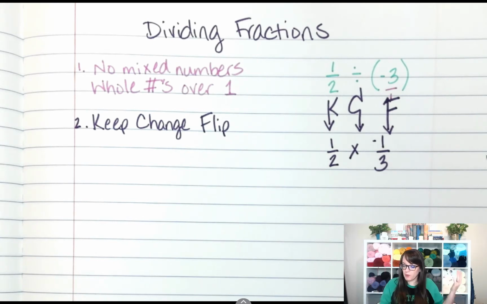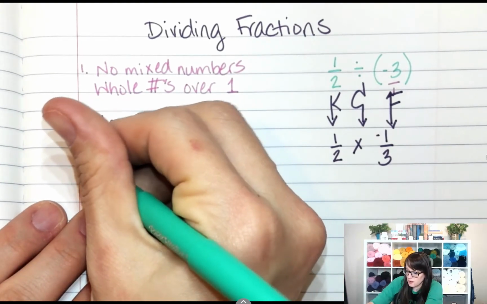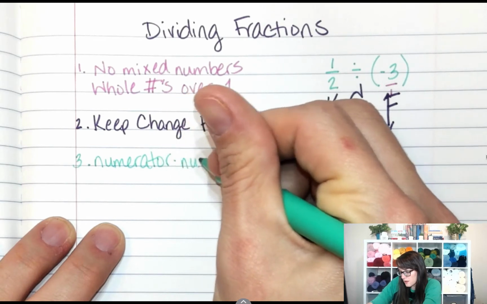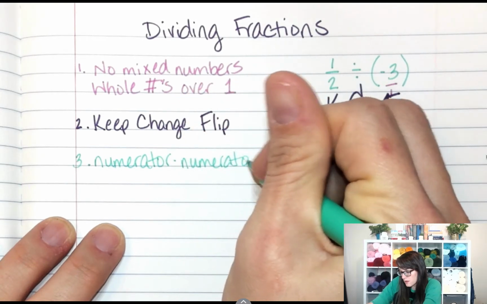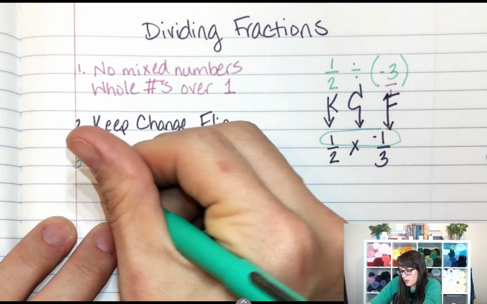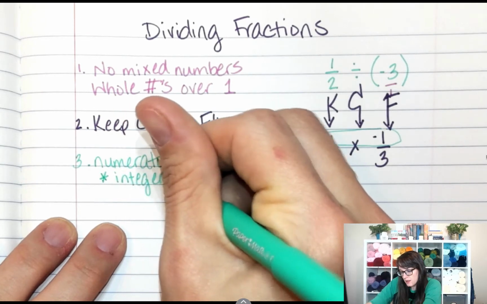And remember, back when we did multiplying, I do numerator times numerator. So 1 times -1, I'm going to put a note here: integer rules. Your integer rules apply here.